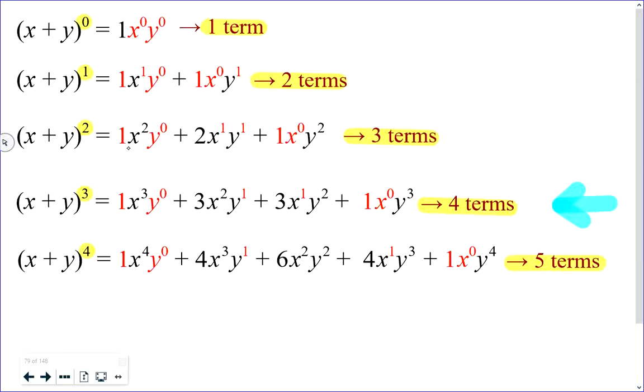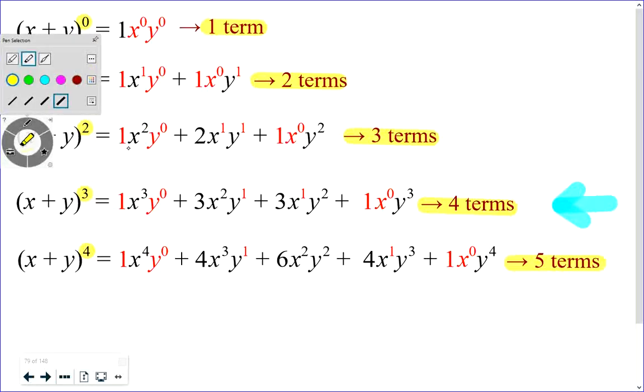The exponent in the binomial power is 3, and when you look at the exponent on x in the first term, it's 3. And when you look at the exponent on x in the second term, it's 2. And in the next term, it's 1, and then it becomes x to the 0.